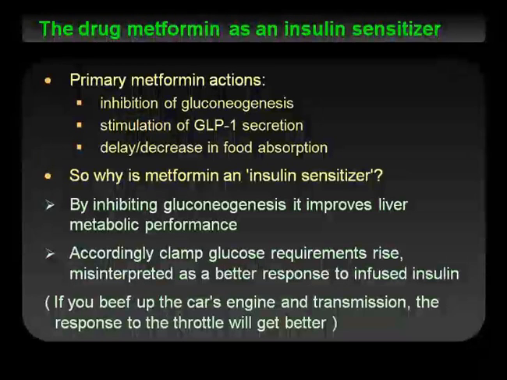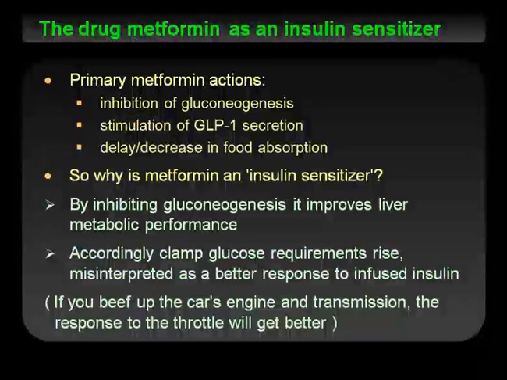We know it has effects at the gut, but really it's not an insulin sensitizer. It's something which has more fundamental actions within the liver by inhibiting gluconeogenesis in particular. And accordingly, if you do a glucose clamp, you find the glucose requirements rise, and you misinterpret that as a better response to the insulin rather than a better response of the hepatocyte itself, because its metabolism is being regulated.